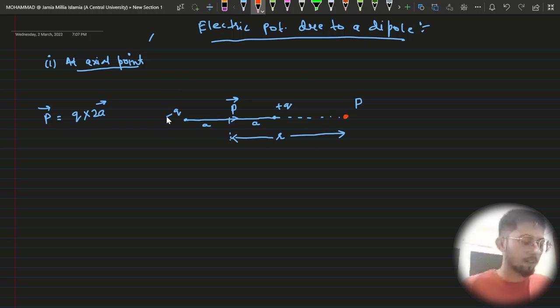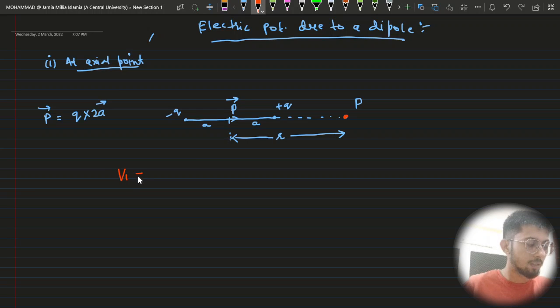There is minus q charge, there is plus q charge, and we will find the potential due to each one of these charges. Let us say the potential due to the minus q is V1.